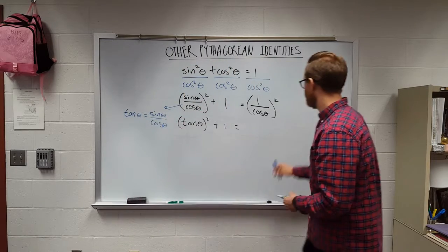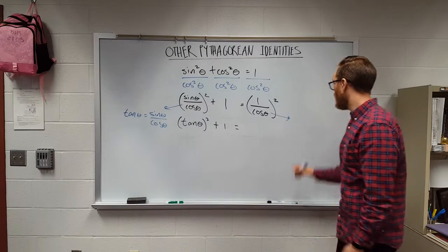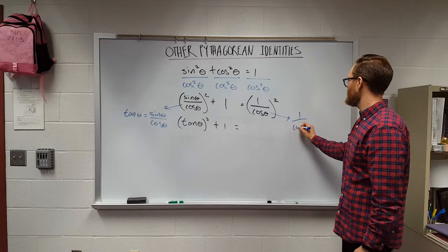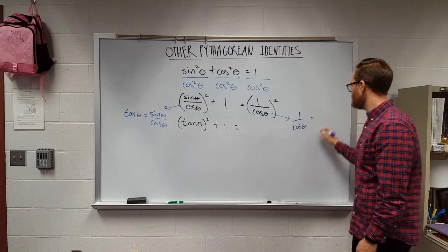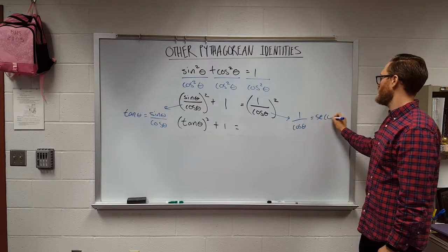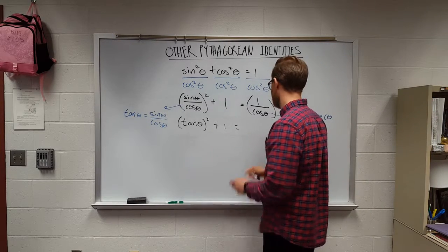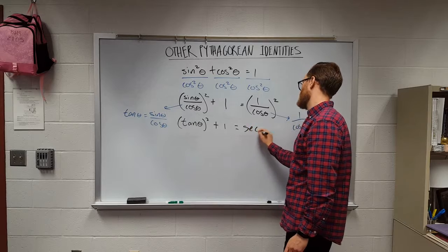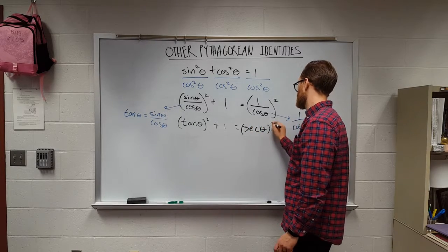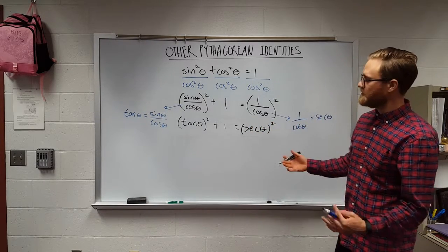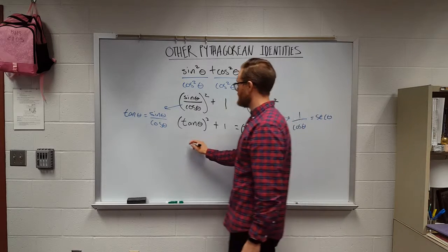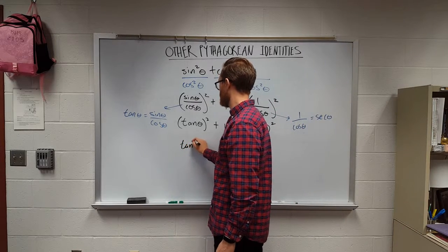We have another identity that says 1 over cosine theta is equal to secant theta. So we can write this as secant theta squared.